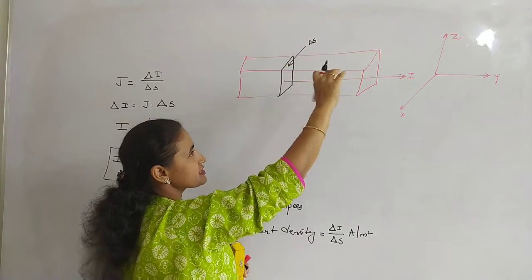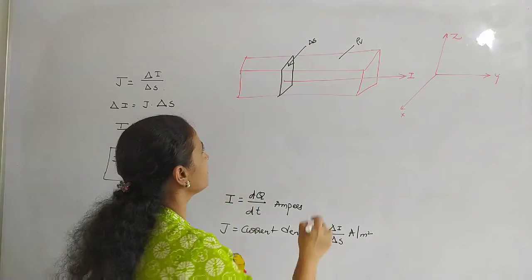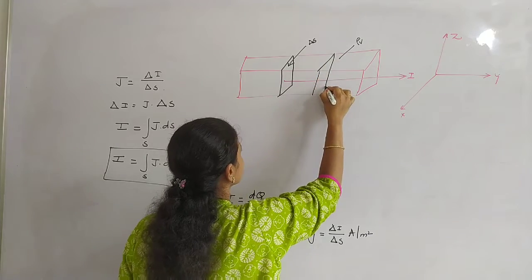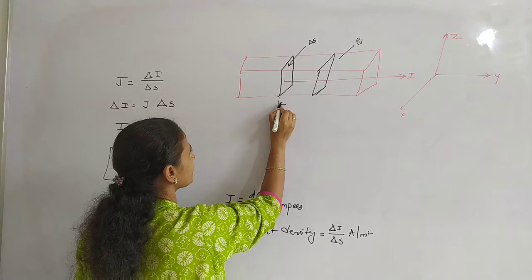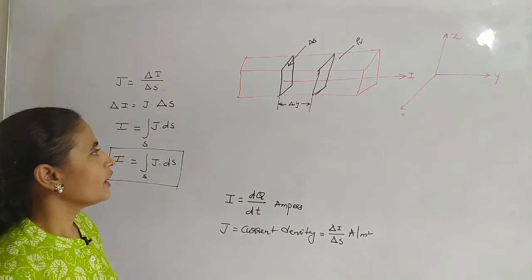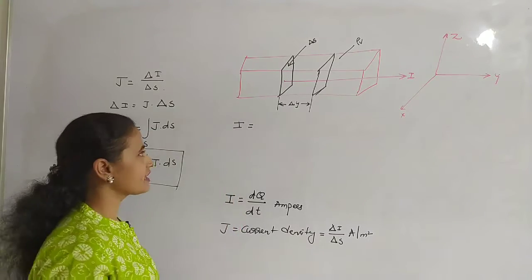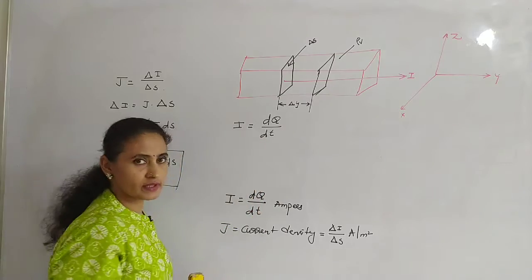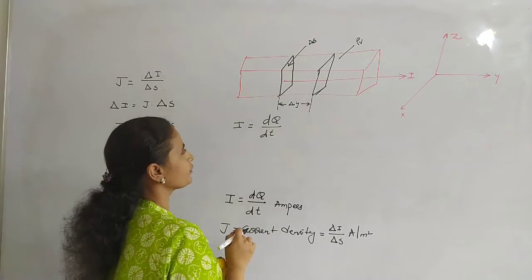The charge in this filament is given by the volume charge density rho v. Let us have one more differential surface, with the difference along the y-axis, through which the current is flowing. Now we know that the current I is given by dq by dt, charge per unit time.